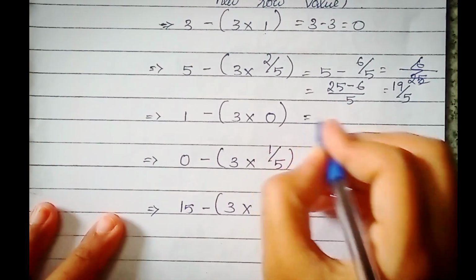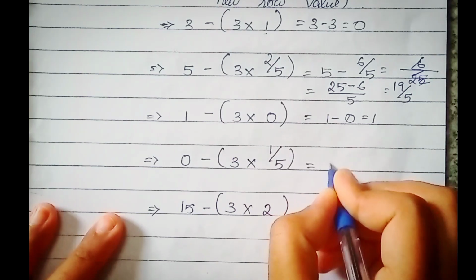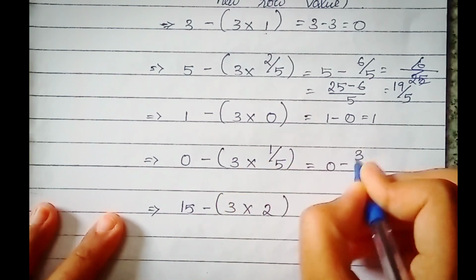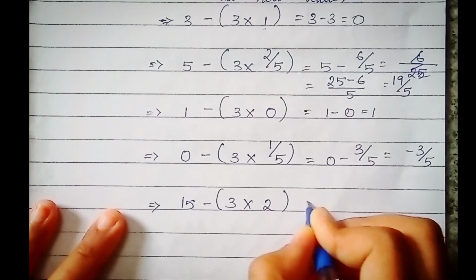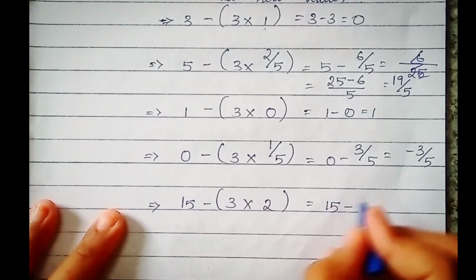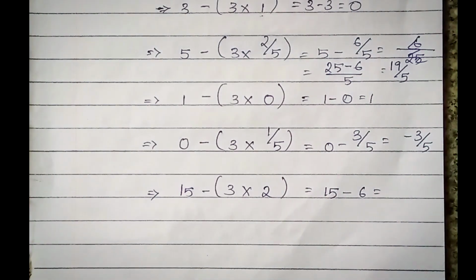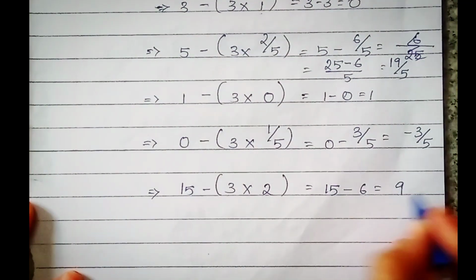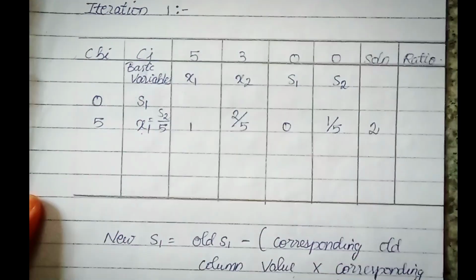And 1 minus 3 times 0 is 0, equal to 1. 0 minus 3 times 1 by 5 is equal to minus 3 by 5. And 15 minus 3 times 2 is 6, so 15 minus 6 is equal to 9.